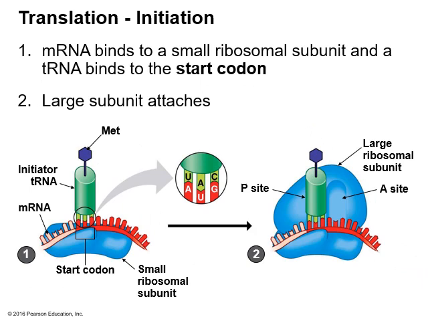Okay, so let's talk about the actual process of translation. So we start with messenger RNA that came from transcription, and it binds to a small ribosome subunit. And after it does that, then the first tRNA that has methionine, so that's the beginning amino acid, is going to bind to the start codon, to the letters AUG.